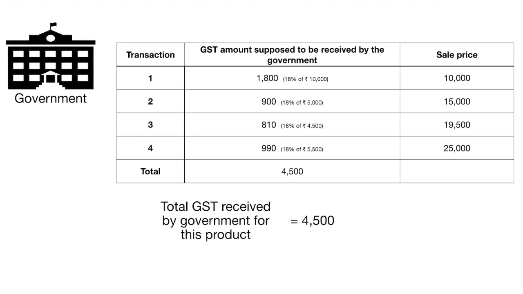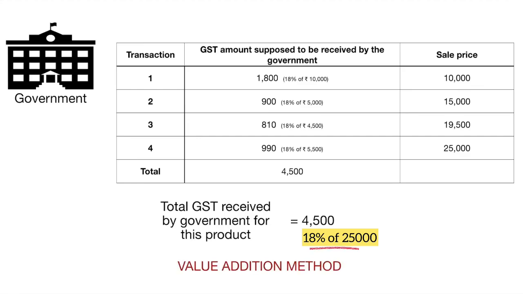This 4,500 is 18% of the final sale price of the goods. That means we can say that the government has received the correct amount of GST that it should have received from the value of goods, that is, 18% on the final sale price of the goods. This is the value-added system of tax. This is how this system avoids double taxation and the cascading effect.